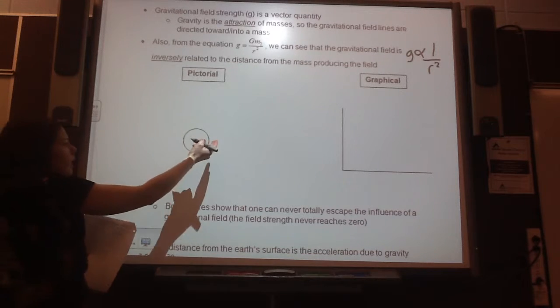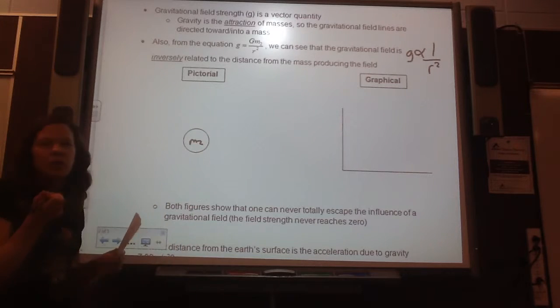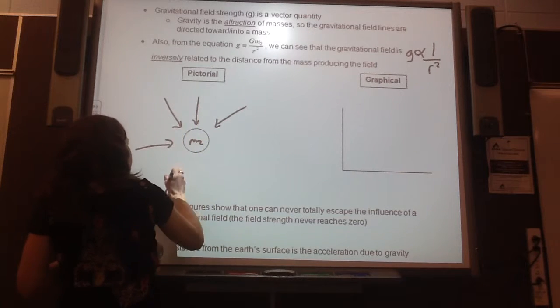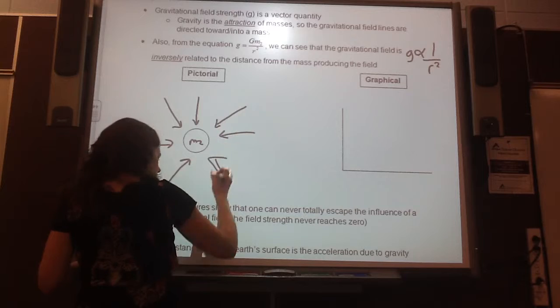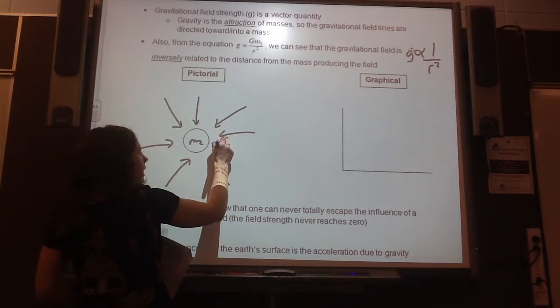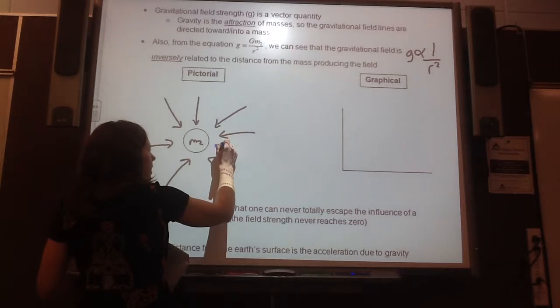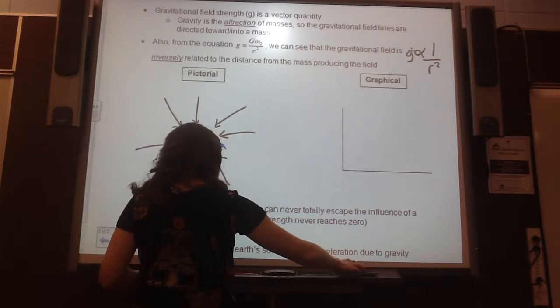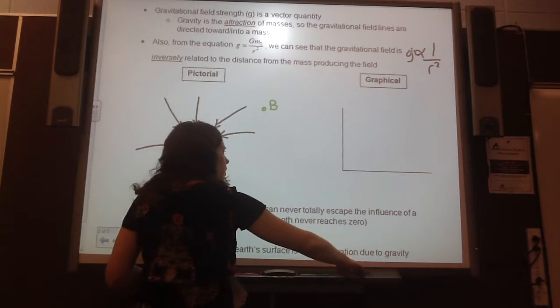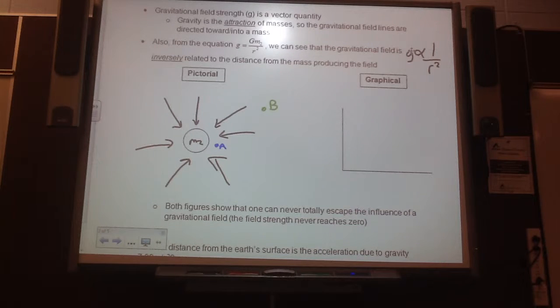So if I'm thinking about, like, this is my m2, or my object producing that gravitational field, and I draw my arrows pointing in, if my object that I'm comparing it to, or that it's pulling on, is, say, right here, so this is like, say, point A, and then let's draw another one farther out, and we'll say that's point B. Which one is going to have a greater field strength exerted on it, do you think?